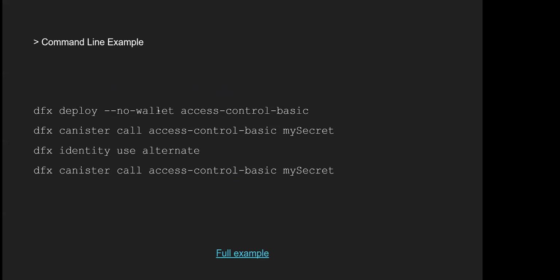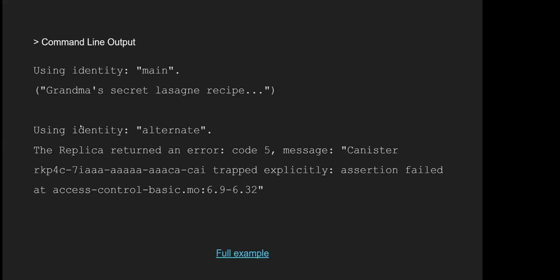If you're following along, you can punch in these DFX commands, deploy, and try to call the function with the principal which created the canister. You'll see a success, and then if you switch, you will see a failure.